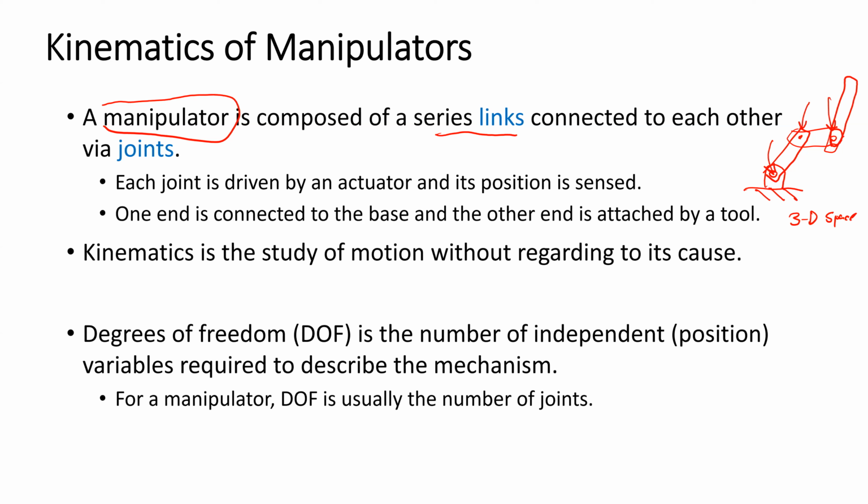If you have seen some robots, the joints of the robot can rotate, and we put actuators to drive the joints, which means we can make the robot move by driving the joints. At the same time, if we want to control the position at the endpoint of the robot, at least we should be able to measure the angle of each joint.